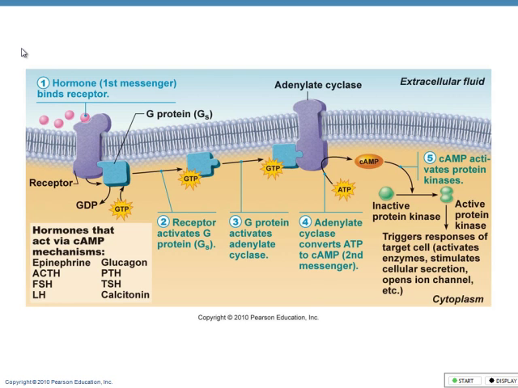So in your textbook, they are going to outline the chemistry of hormones on pages 593, 594, 595. And they're going to talk about the difference between lipid-soluble and water-soluble hormones. Two ways hormones can affect what the cell does for a living.